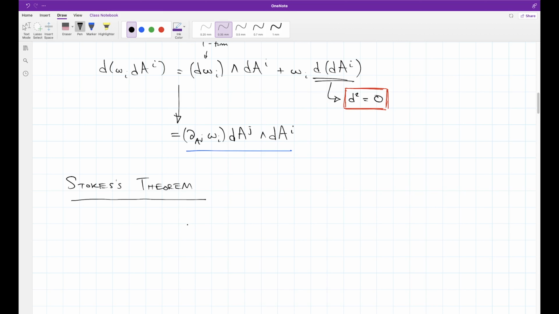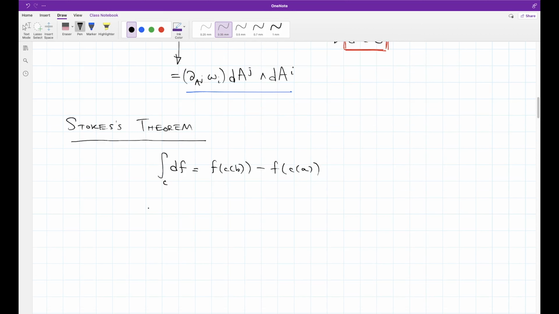Remember in the last lecture, we had that Stokes's theorem said that if I evaluated df along a curve C, that was equal to f of C of B, if the curve ran from A to B, minus f of C of A. But those of you who have taken a vector calculus class may notice that Stokes's theorem is actually much more general than this. And today we'll introduce that more general notion.